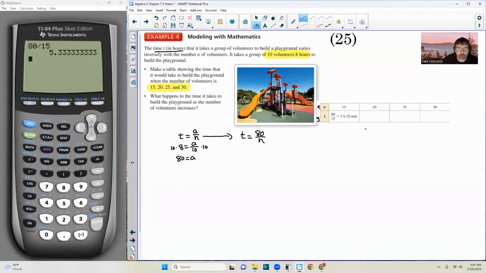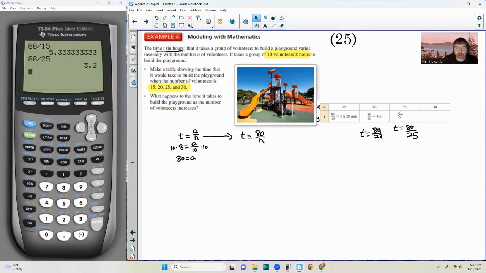So for 20, we're going to do t equals 80 over 20. Well, that reduces to 4. I don't need my calculator for that. That's simply 4 hours. And then for 25, we're going to say t equals 80 divided by 25, and I'll do that over here because it's a decimal. 80 divided by 25 equals 3.2.